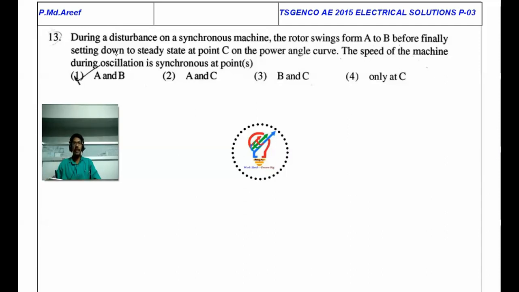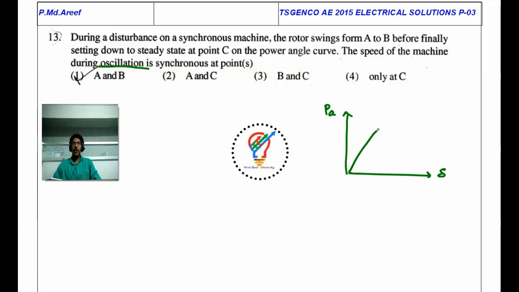The next question: during a disturbance on a synchronous machine, the rotor swings from A to B before finally settling down to steady state at a point C on the power angle curve. The speed of the machine during oscillation is synchronous at points. The important point to remember is that the question is asked about the speed of the machine during oscillations. If we draw the power angle curve, in the x-axis I will represent delta, in the y-axis I will take PA, accelerating power.